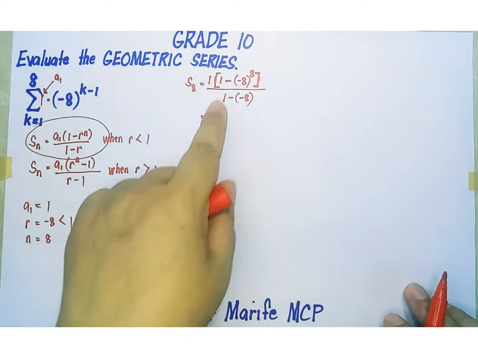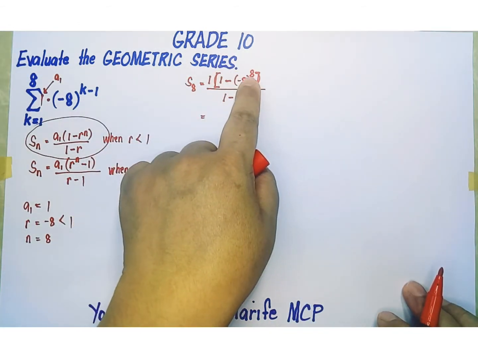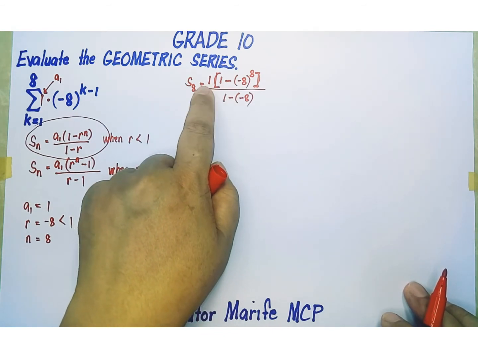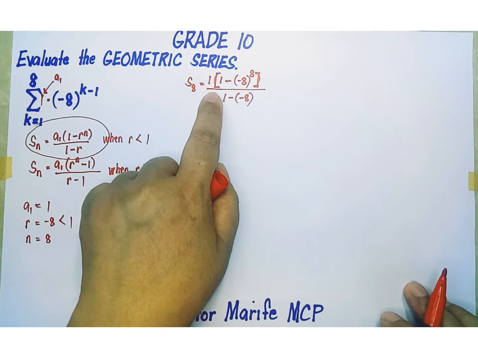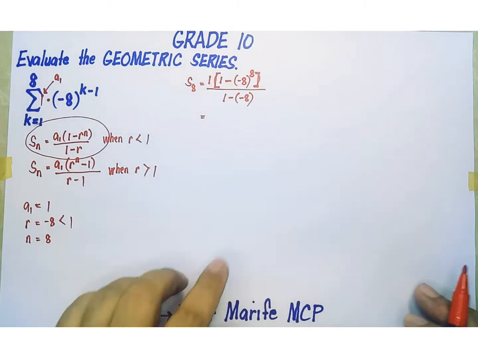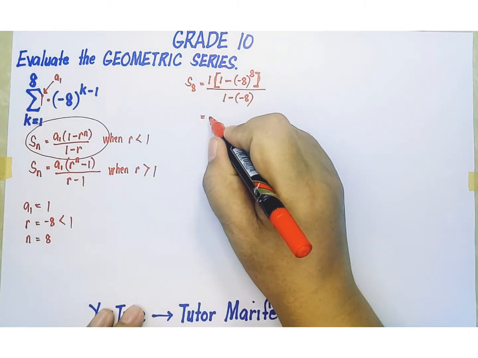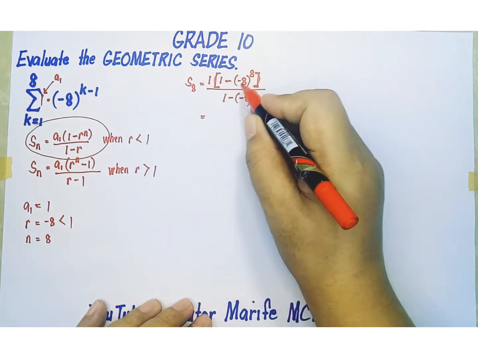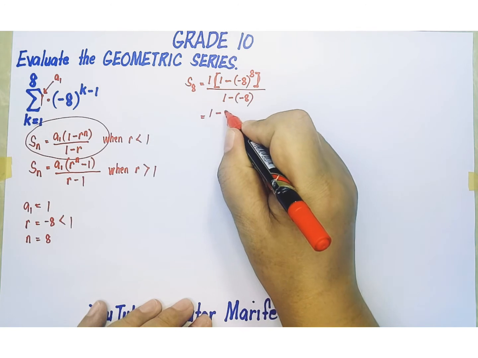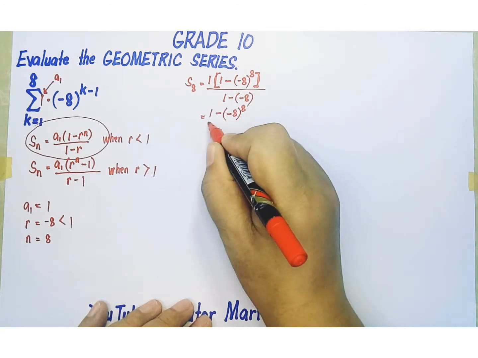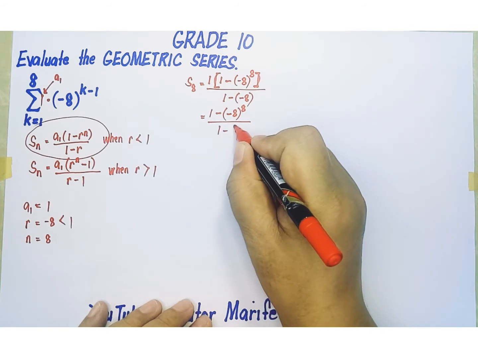So, since itong expression na to is being multiplied by 1, and by identity property of multiplication ulit, if you multiply this expression by 1, it's still equal to this expression. So, pwede mo nang i-omit yung times 1 na nasa labas ng brackets. So, pwede mong isulat na lang yan. It's 1 minus negative 8 raised to 8 all over 1 minus negative 8.